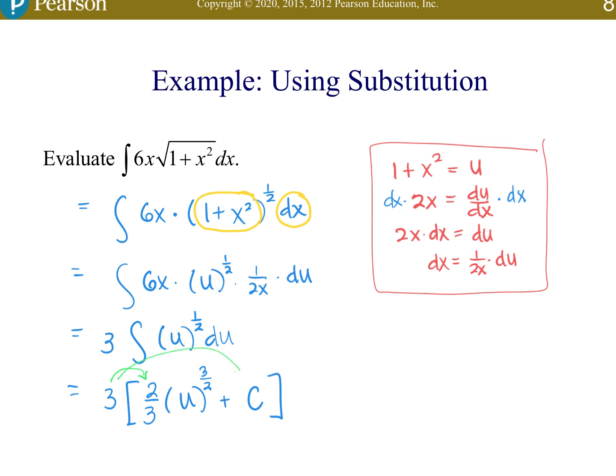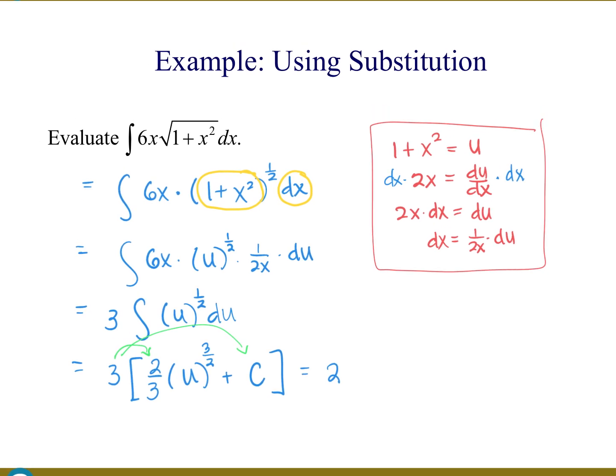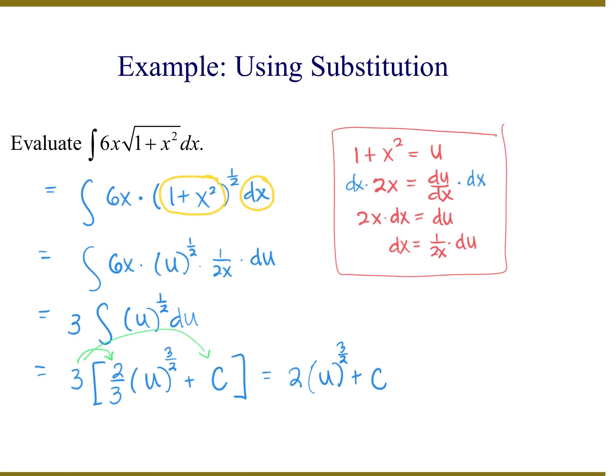When I distribute 3 out to my c, it's still going to be a constant. So I will have 2 quantity u to the 3/2 plus c. So my final answer would be to change this back into 2 quantity 1 plus x squared to the 3/2 plus the constant of c.